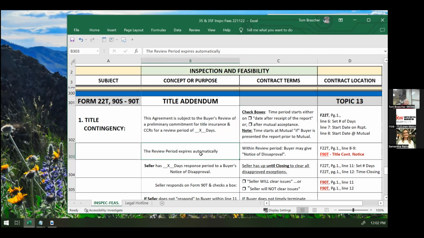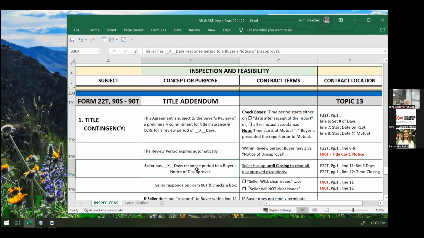So when the review period expires automatically, you don't need to have any kind of notice. If the time runs out, it runs out, and then the buyer loses any rights to terminate based on the title report. Now, you may give a right for disapproval during the period. If you do that, that's a Form 90T title contingent notice.